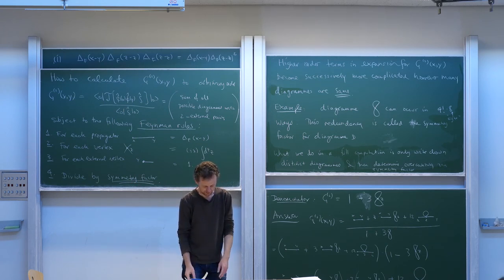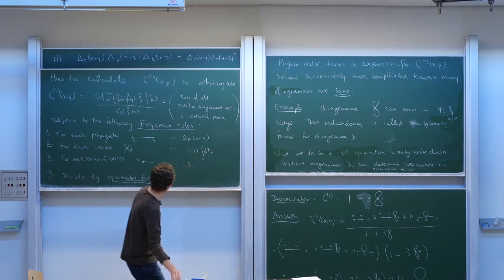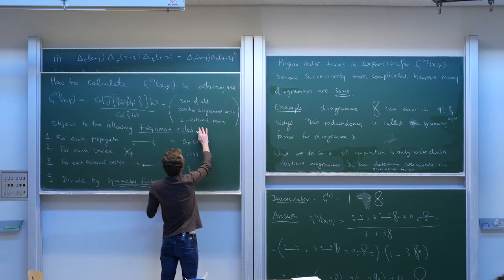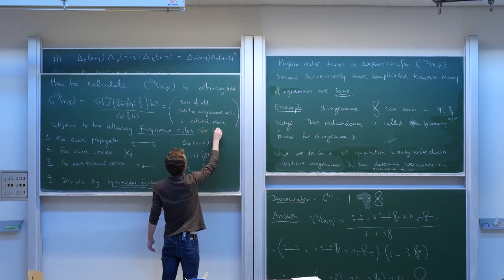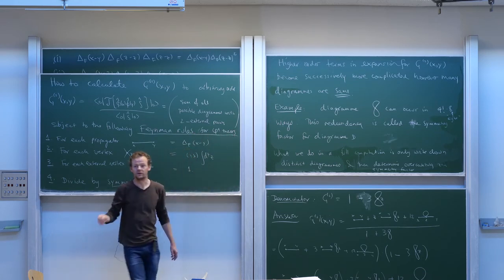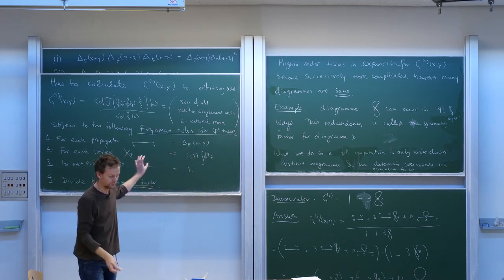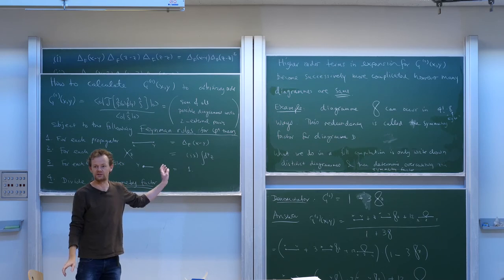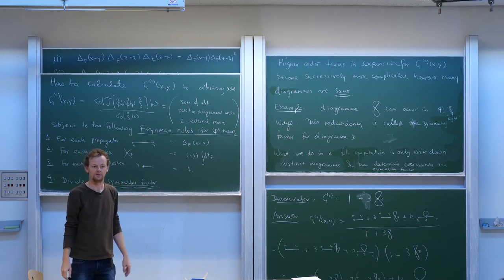Right, well, I think that is a good moment to stop because I've managed to introduce the Feynman rules for phi-4 theory. There is a different set of rules for phi-3 theory and phi-6 theory and phi-7 theory.